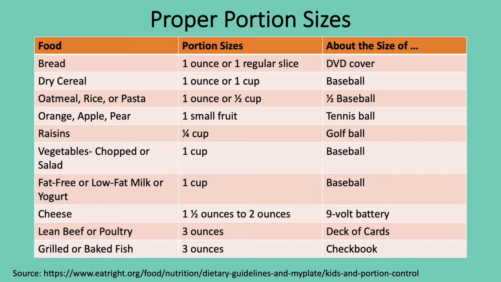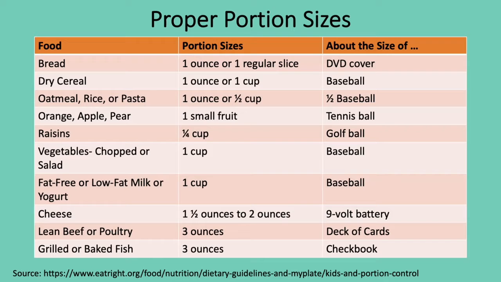Vegetables, either chopped or in salad form, should be 1 cup, which is about the size of a baseball. Fat-free or low-fat milk or yogurt has a portion size of 1 cup and is also about the size of a baseball. Cheese has a recommended portion size of 1.5 to 2 ounces, which is about the size of a 9-volt battery.